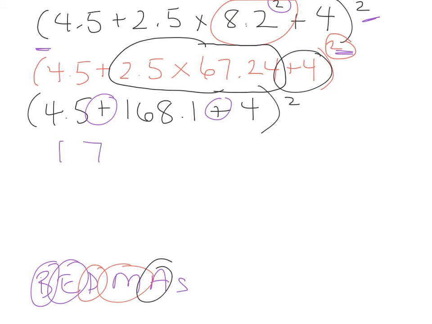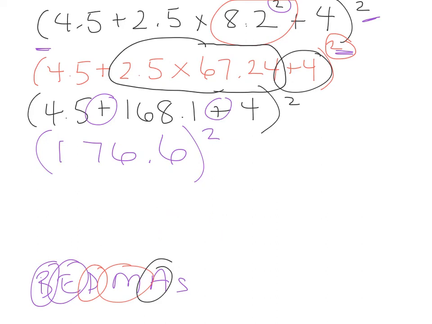So if you do that on your calculator, it ends up being 176.6. Okay, you can keep that bracket if you need to. You don't have to use the bracket since there's only one number in it, and we still have that power there. So then our next step would actually be to do 176.6 to the power of 2.